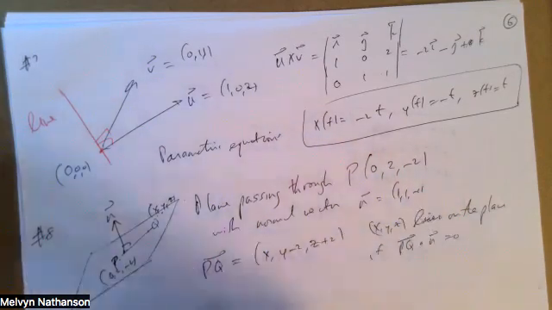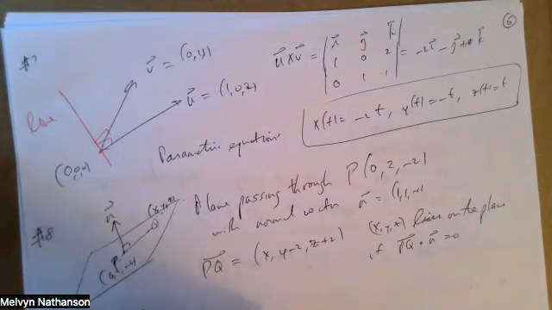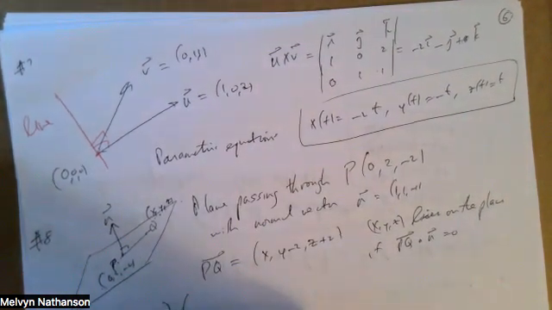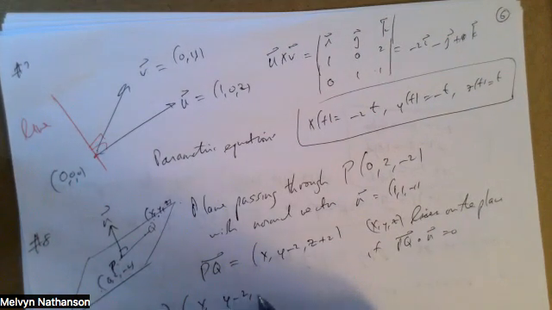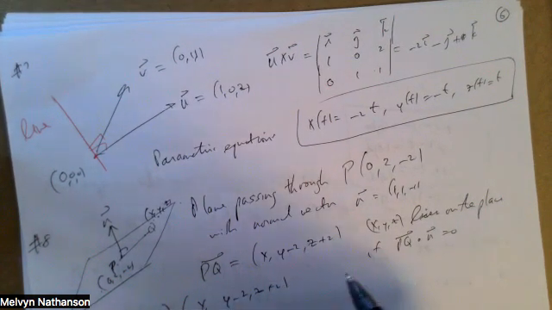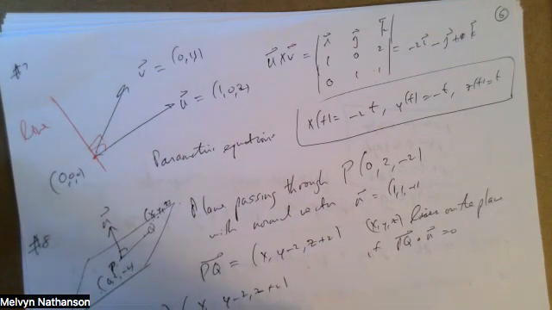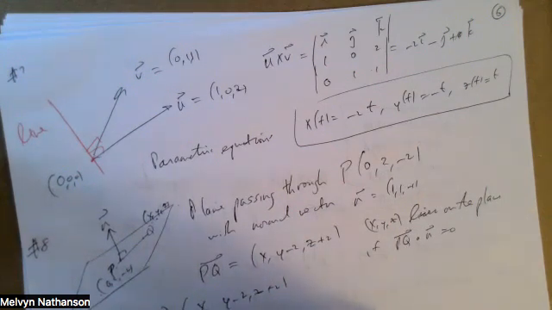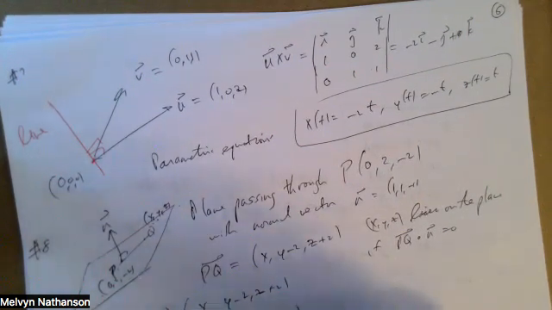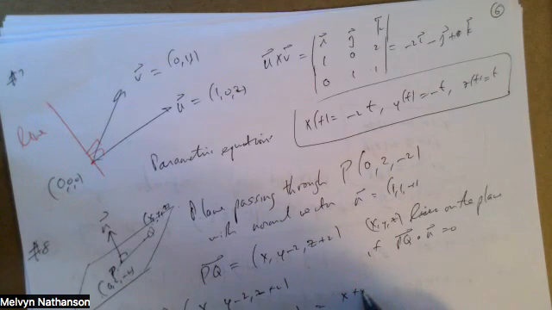So we're taking the dot product of 1, 1, minus 1 with x, y minus 2, z plus 2. That's equal to x plus y minus 2 minus z plus 2. That's equal to x plus y minus z, and I have minus 4.